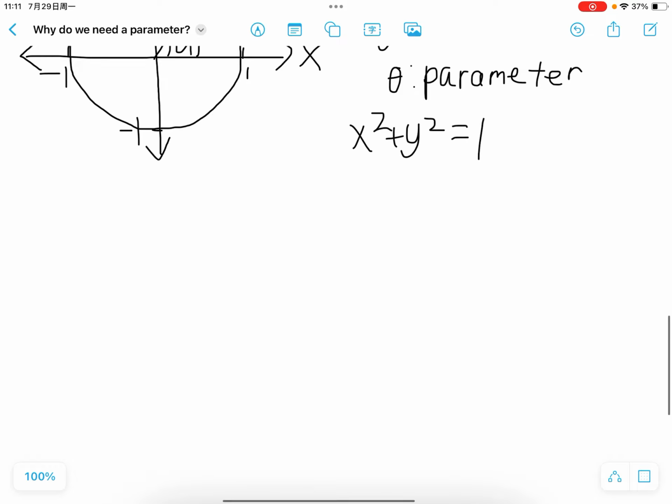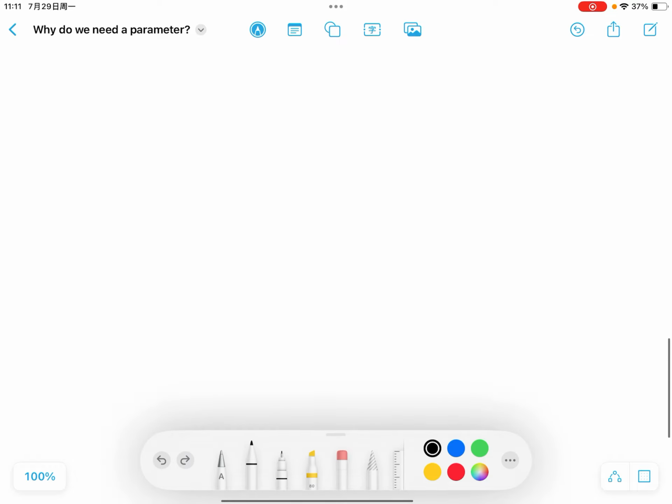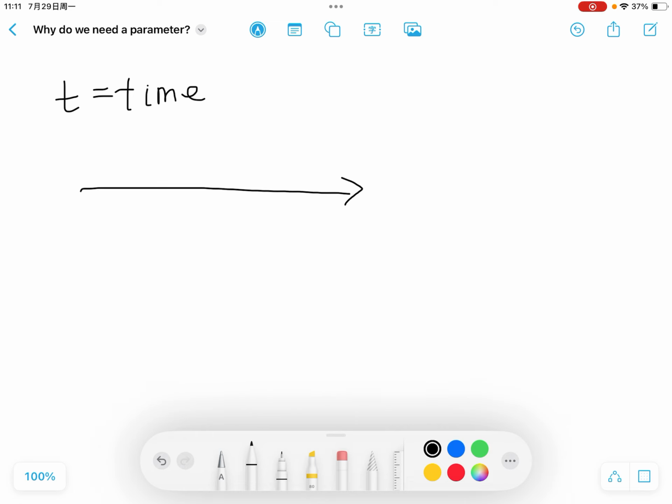Another significant parameter is time, or what we represent as t. So t is also a parameter. So how is this parameter used? Say I had this 1D motion here. So I'm moving along this line, or let's say there's a car here that's moving along this line.